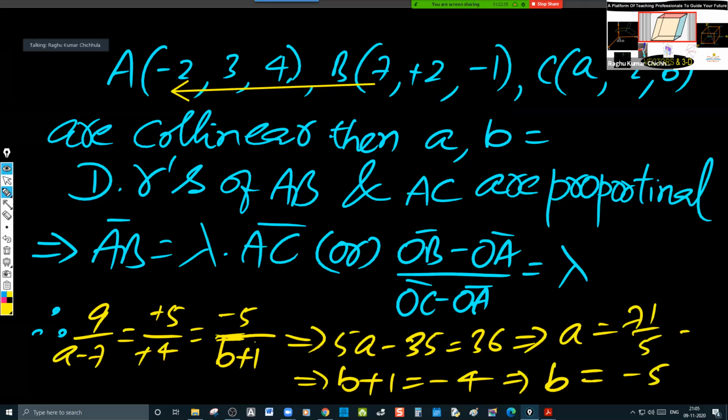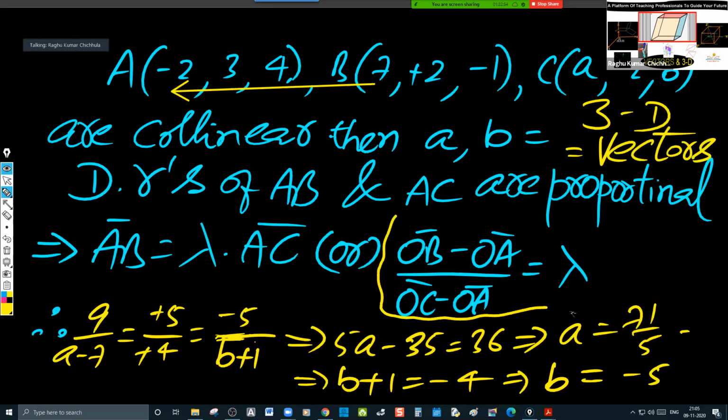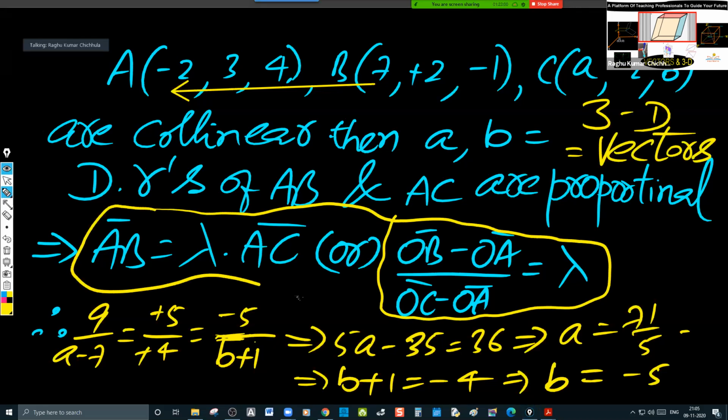This is what you have to understand. What I want to make more clear is that 3D and vectors are in no way different. 3D is equal to vectors, vectors is equal to 3D. That is the reason why I have shown you the vector form here, and in parallel to that, the 3D form here.